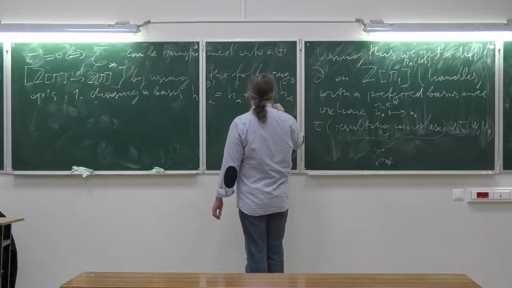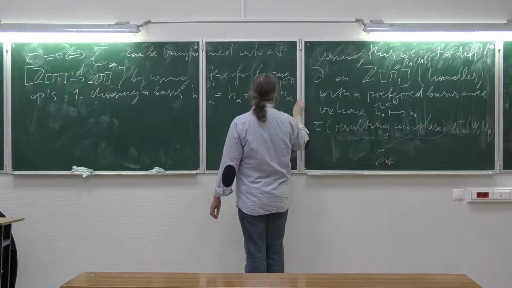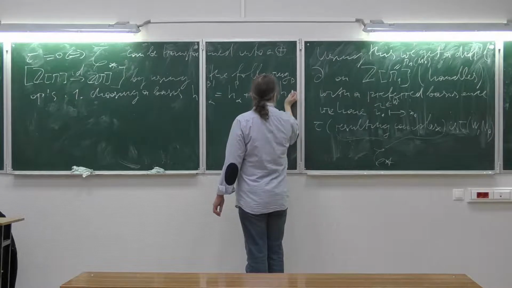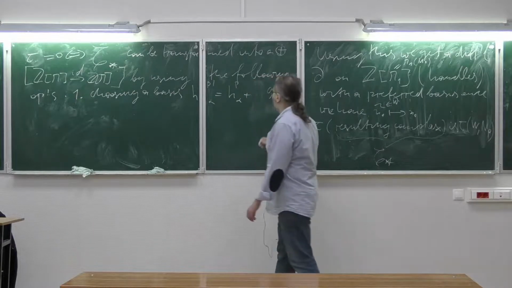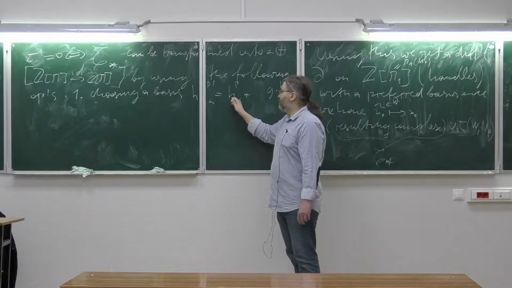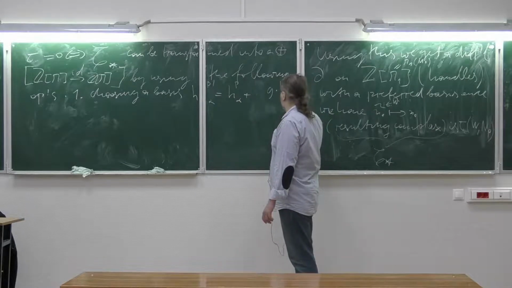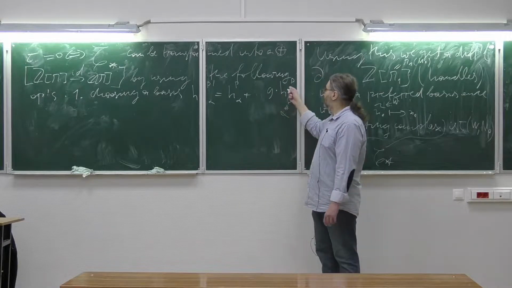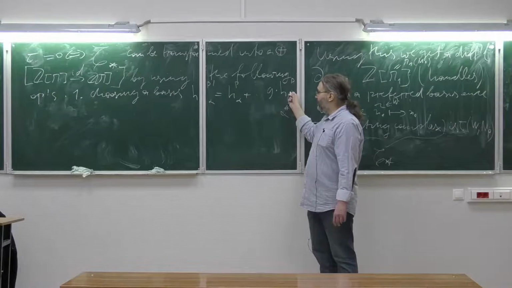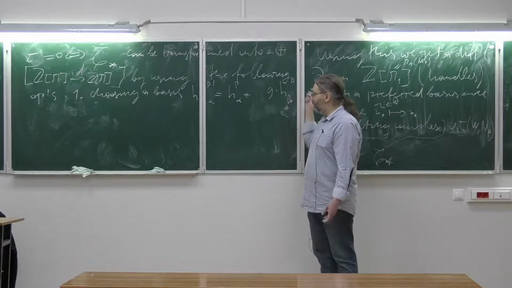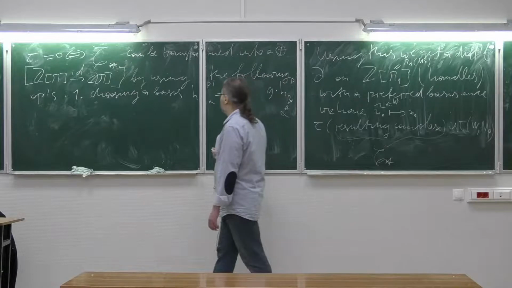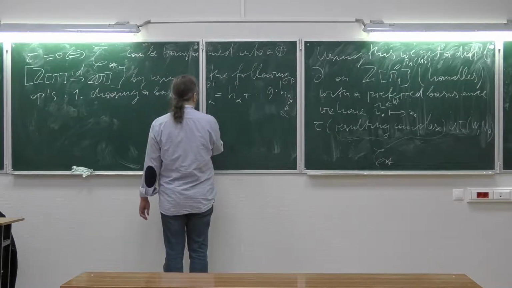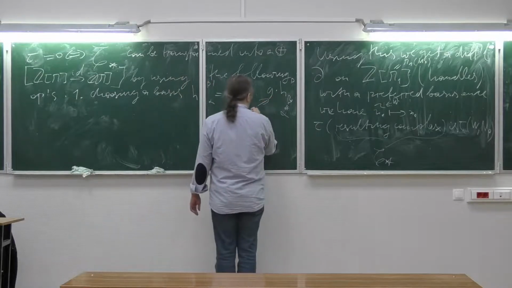Let me do it one step at a time. So I take one element and replace it with itself plus g times another handle of the same index, where g is in pi 1.